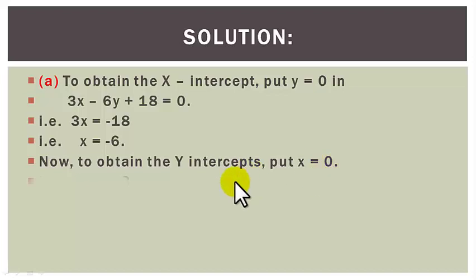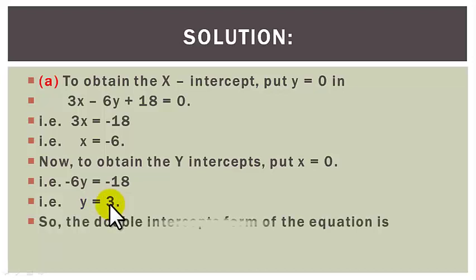That will give us minus 6y equals minus 18. Dividing both sides by minus 6, that will give y equals 3. So y-intercept is equal to 3. So therefore, the double intercept form of the equation of a straight line is x over minus 6 plus y over 3 is equal to 1.